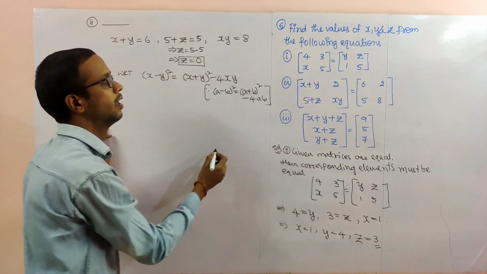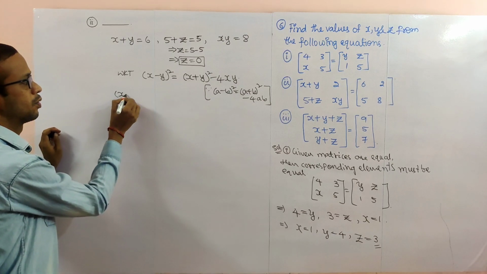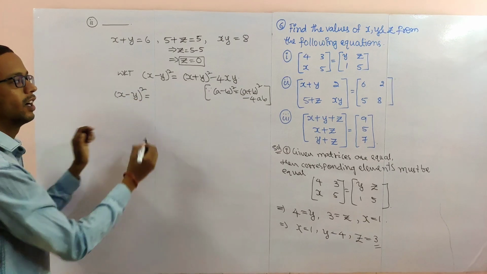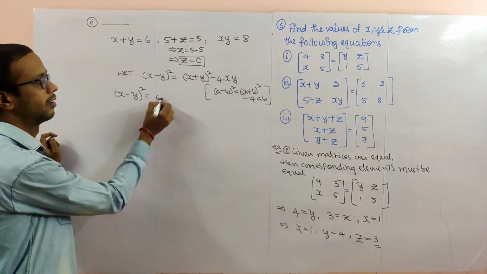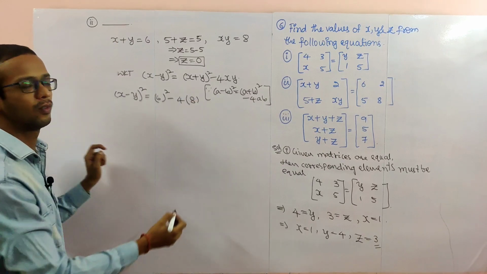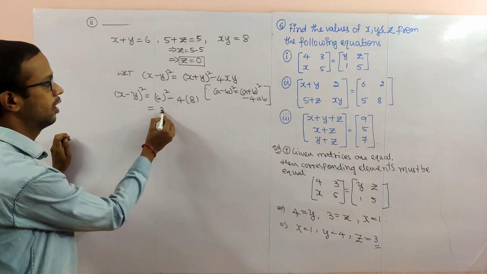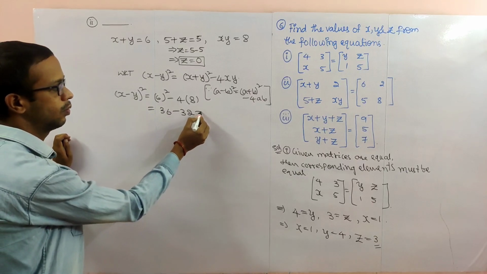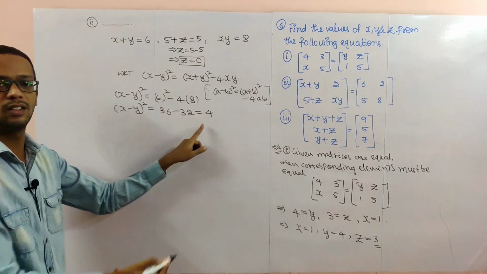So here we have xy, so simplify this. Substitute and simplify. What is x plus y? x plus y is 6. 6 square minus 4 into xy. xy is 8. Simplify total: 36 minus 32 is equal to 4.